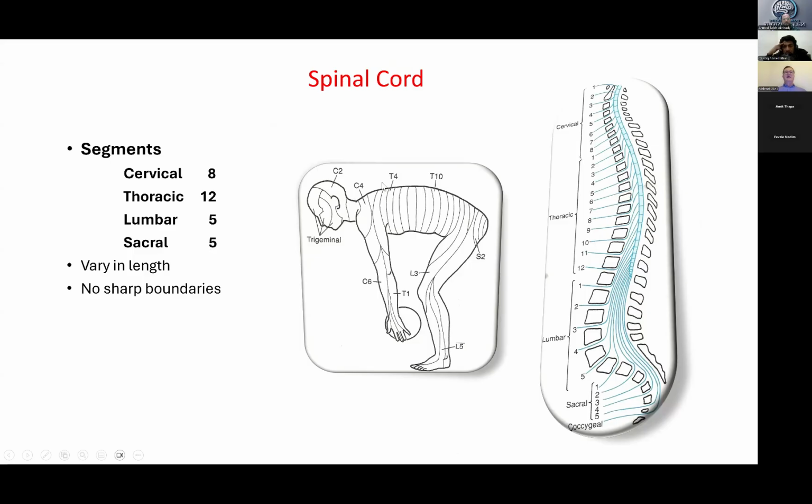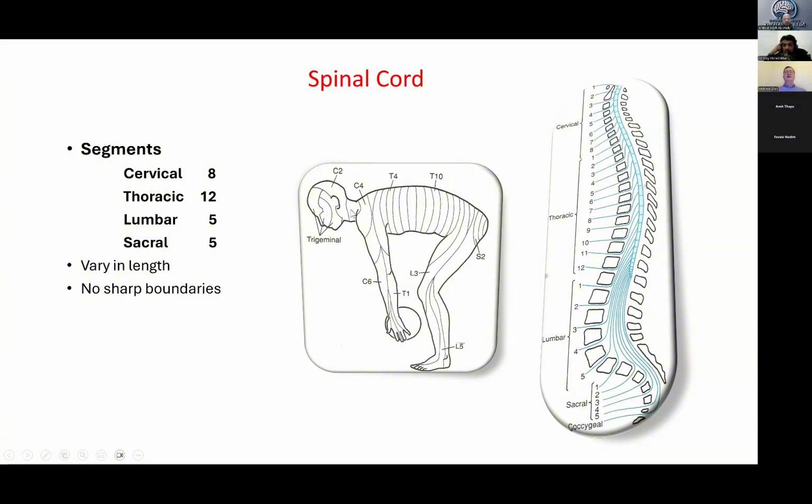And one important point is that on the body, it passes from the C4 level suddenly to T3 or T4, but C5, 6, 7, 8, even T1 are represented in the arm.